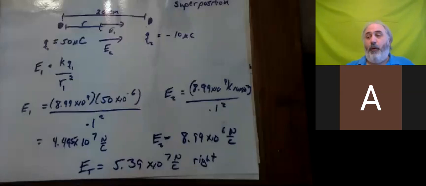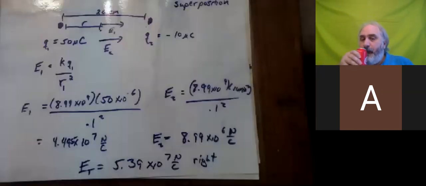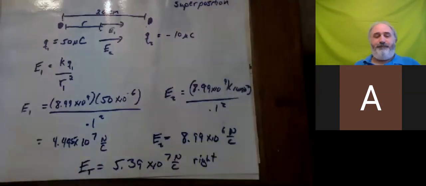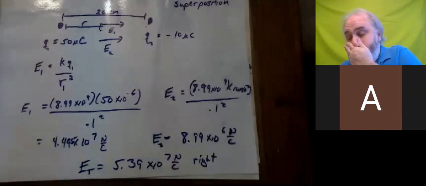Nope, you forgot to divide by the 0.1 squared. Okay. Yep. Let's go back. Yeah, the fact that you were off by exactly a factor of 100 is how I knew.